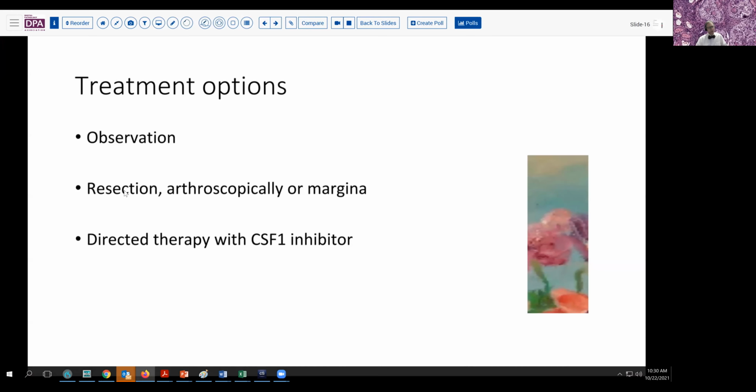In terms of treatment for these patients, obviously, this is a benign disease, so observation can be employed if it's not clinically significant, or there's not difficulty with pain or other issues. Resection arthroscopically or a marginal type of excision can be performed.